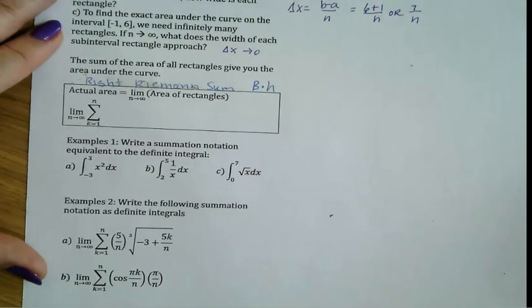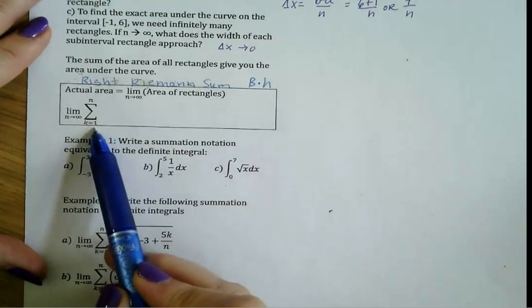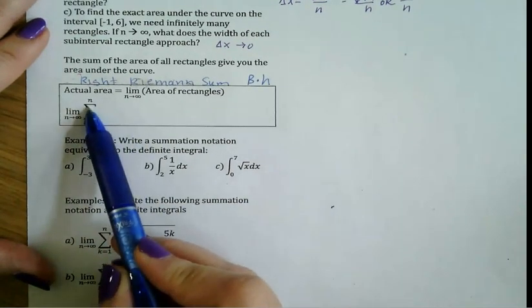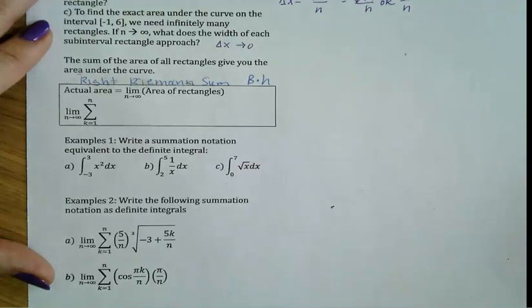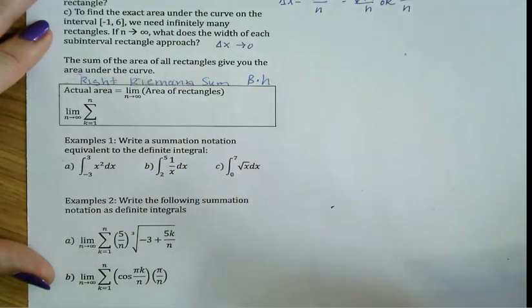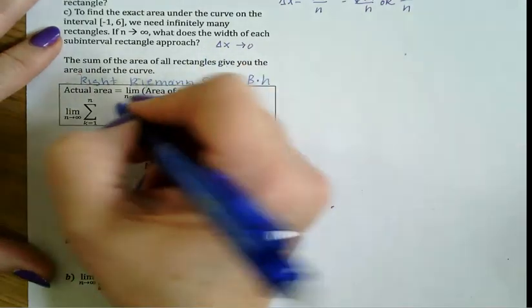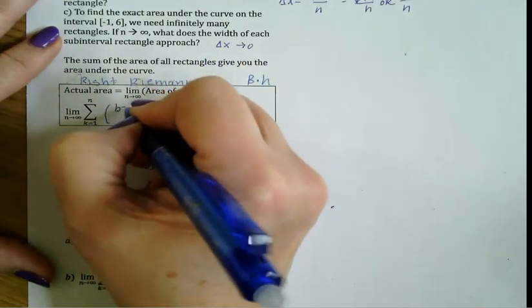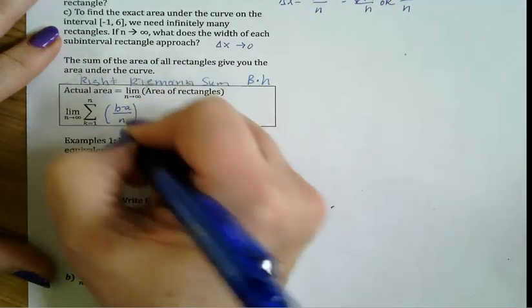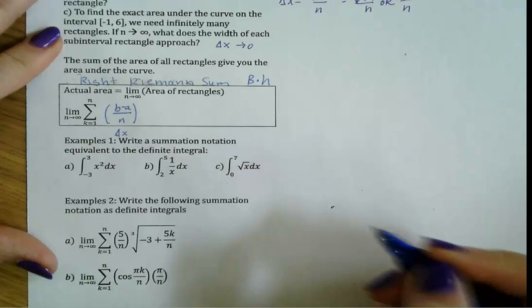Okay, so we have, as with any limit notation, a lower bound of 1. That's the first rectangle we're going to calculate, to some n bound. All right, so base times height. So we just found the base, or the width of the rectangle, would be B minus A over N, and that's my delta X, or my width.